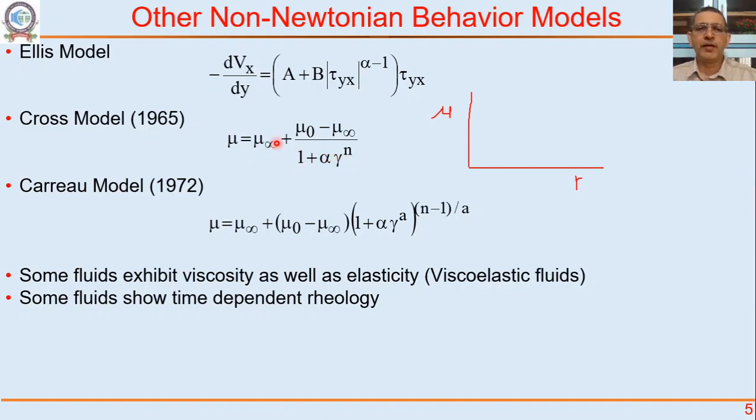Then mu infinity will cancel out, and mu 0 would be the value. It is called the zero shear viscosity. This would be mu 0.